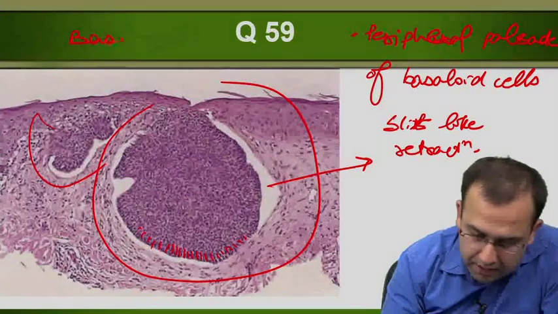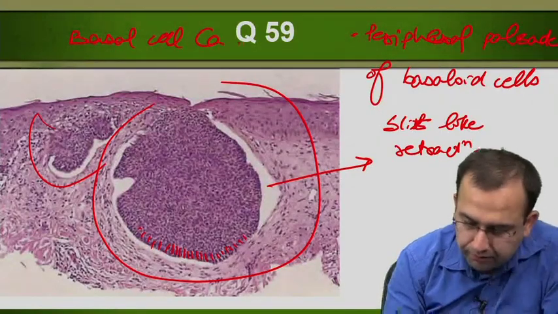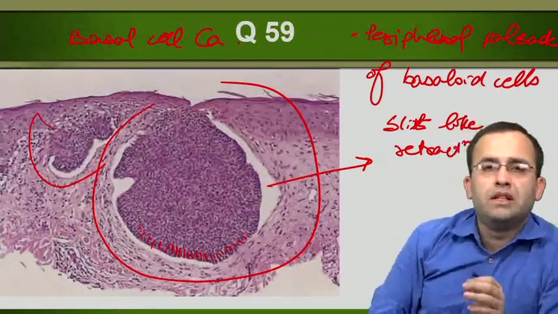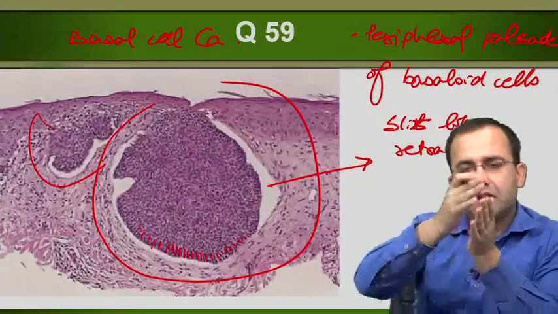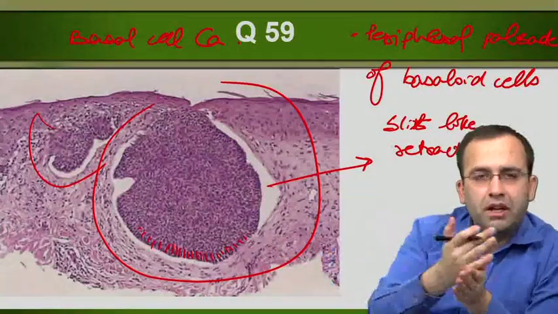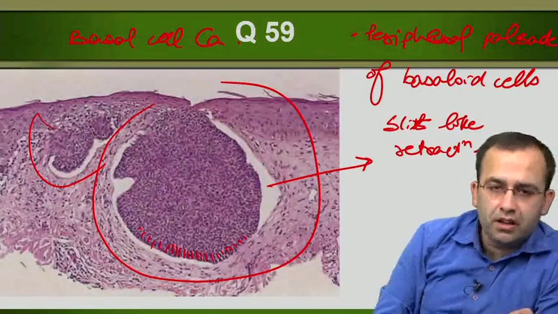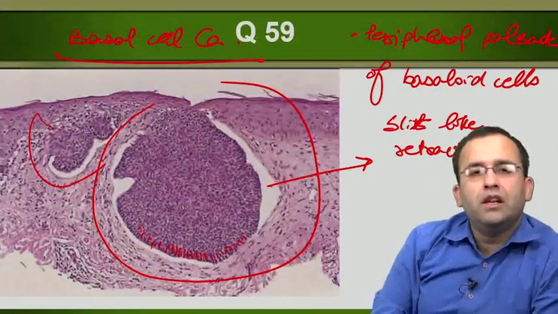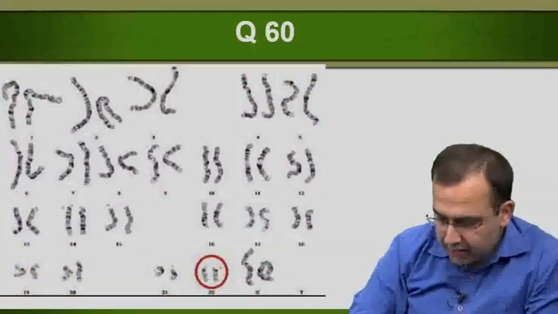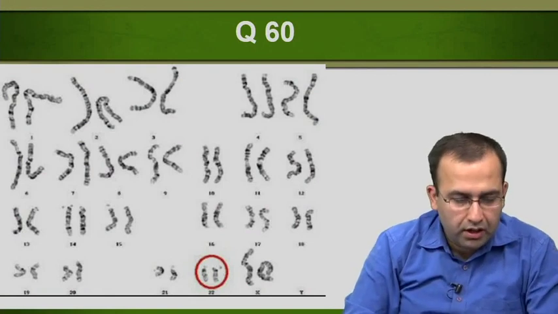Diagnosis: basal cell carcinoma. The tumor cells are present in a palisaded manner at the periphery with a slit-like retraction. Basal cell carcinoma.